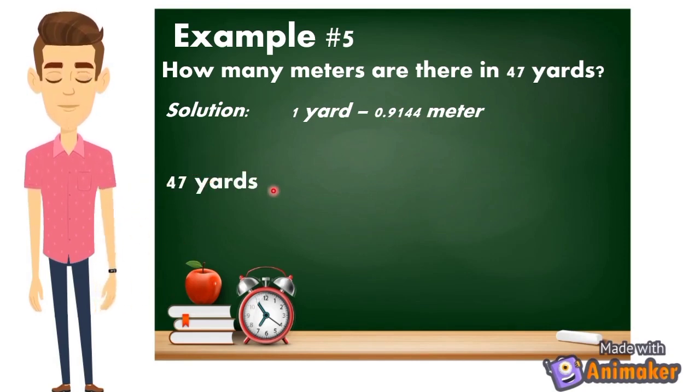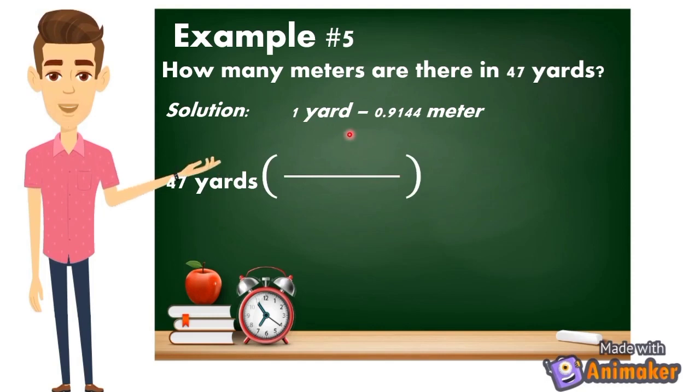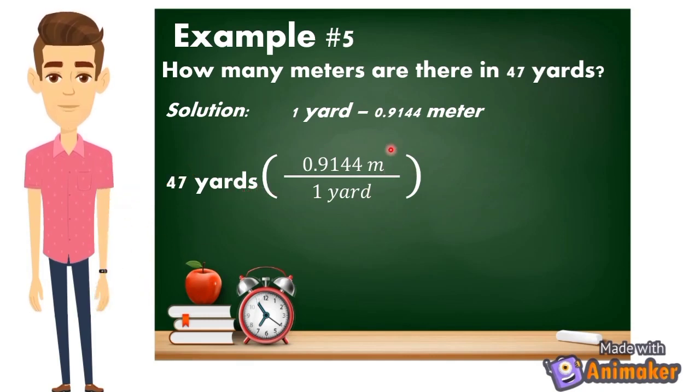Given 47 yards, so always remember again na yung common na unit of measurement ay laging nasa baba ng fraction, which is yung sa denominator natin. So therefore, 0.9144 meter over 1 yard. Cancel natin yung yard dahil same sila ng unit of measurement. At para maiwan na lang yung meter, since hinahanap natin sa problem ay meter.